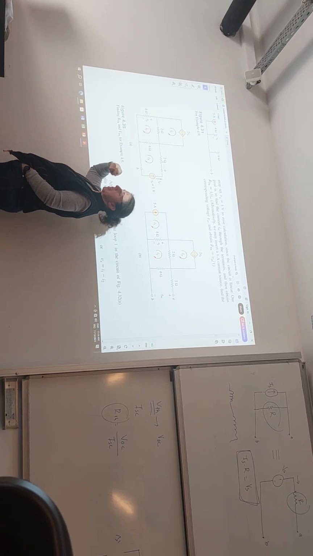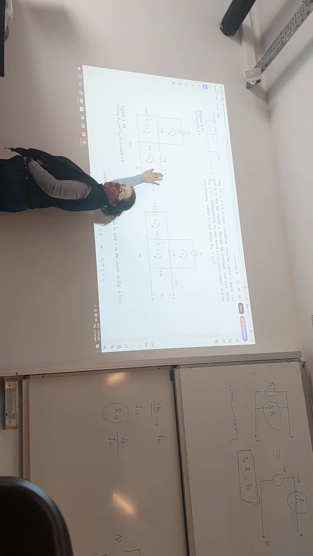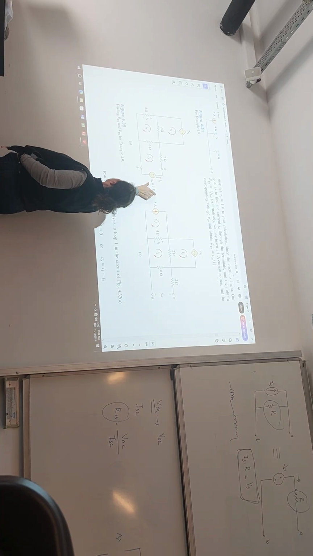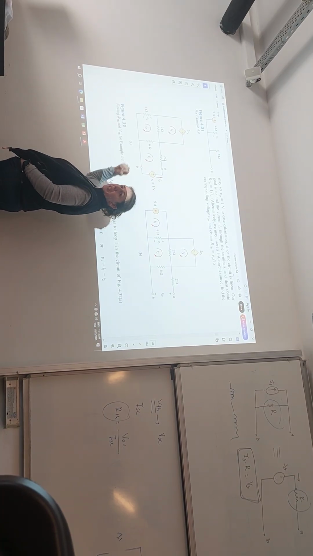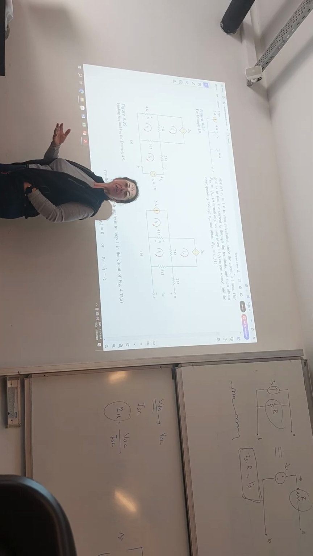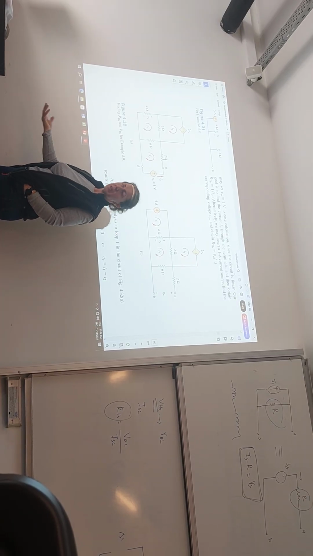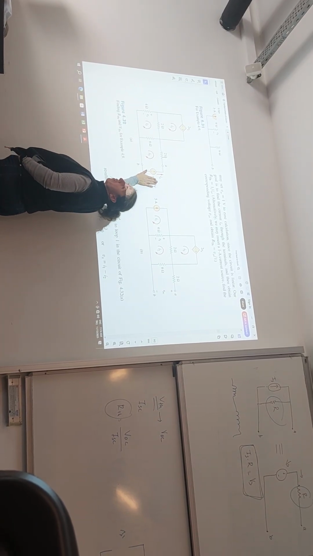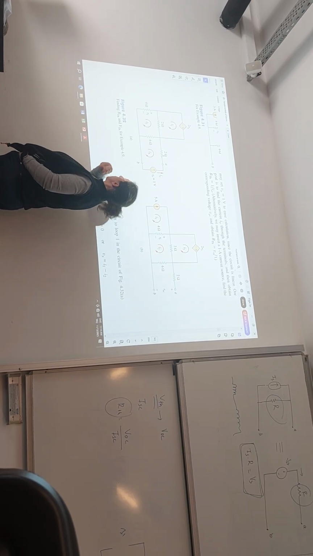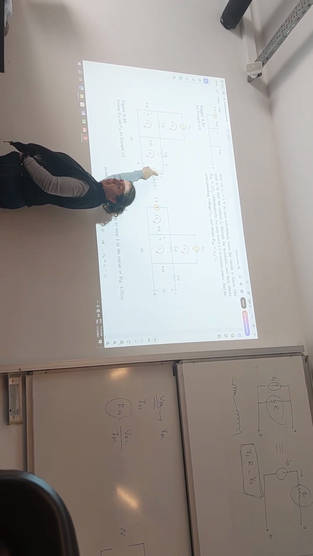But the problem tells you that if I connect a potential source between A and B, and I know the value of this potential, which is something that I choose, you can use 100, 200, it doesn't matter. Once you have this potential, what are you supposed to figure out? The current here.